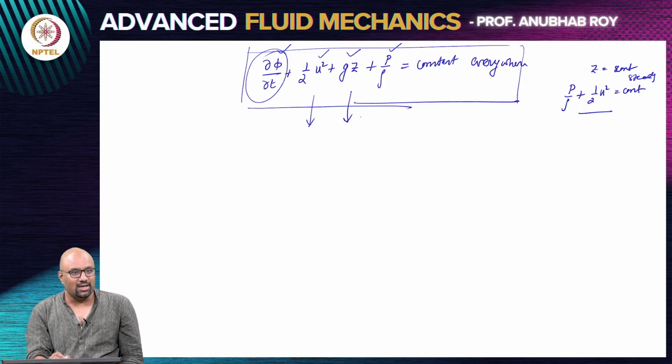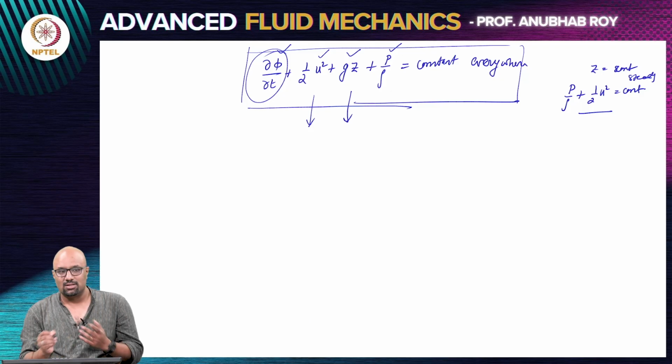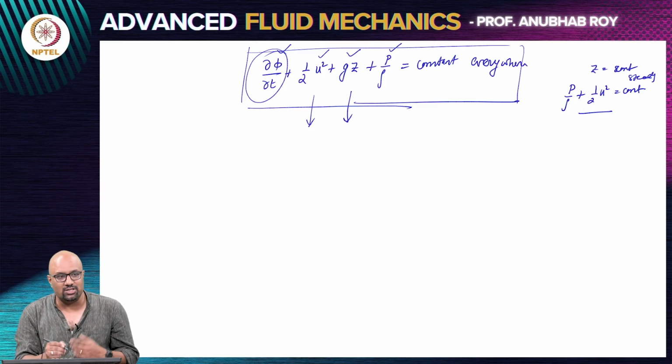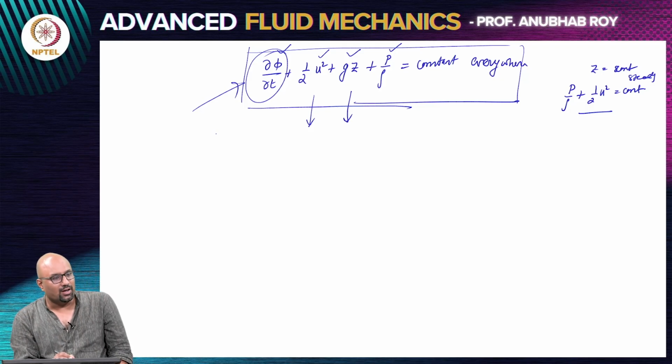Because there are no viscous effects in the problem, it turns out to be a conservation of energy, which is how kinetic energy, potential energy and the work done by pressure are related to each other. But we have arrived at this from Euler's equation. So, this is our starting point for what we are going to do next.